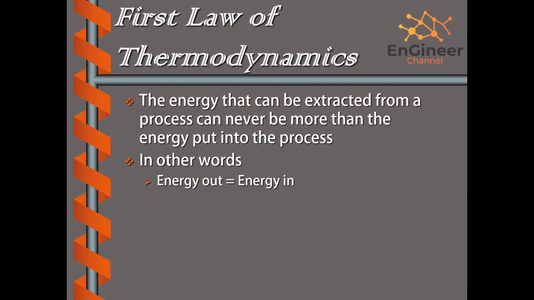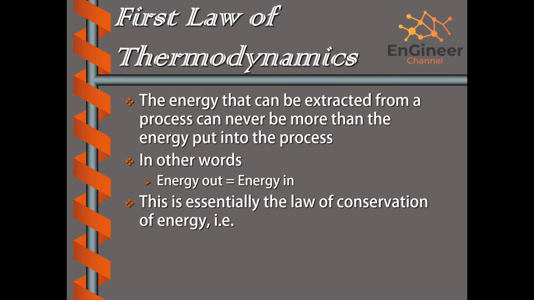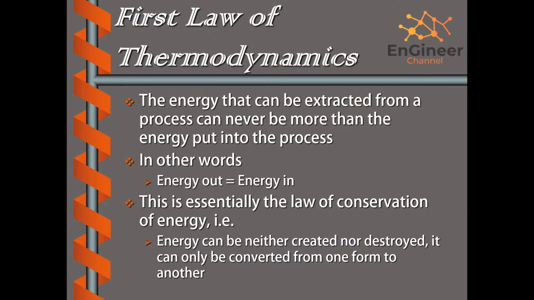In other words, the energy out is equal to the energy in. This is essentially the law of conservation of energy. I'll explain more: energy can be neither created nor destroyed. It can only be converted from one form to another.